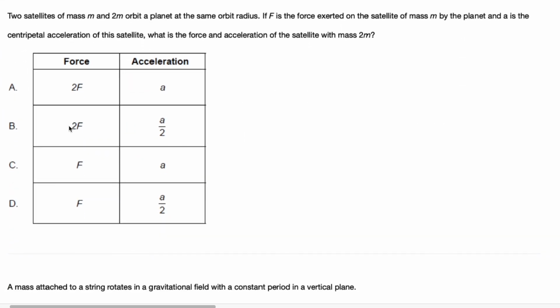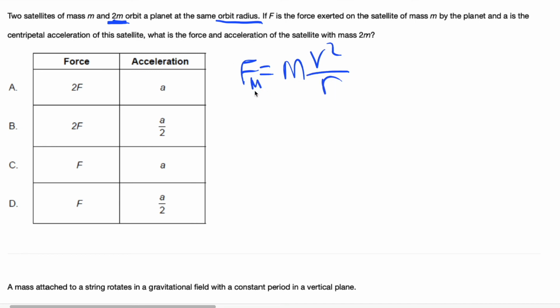Two satellites of mass m and 2m orbit a planet at the same orbit radius. If F is the force exerted on the satellite of mass m by the planet, and a is the centripetal acceleration of the satellite, what is the force and acceleration of the satellite with mass 2m? So they have the same orbit, meaning their radius remains constant. For mass m, the centripetal force is equal to mv squared divided by the radius r.